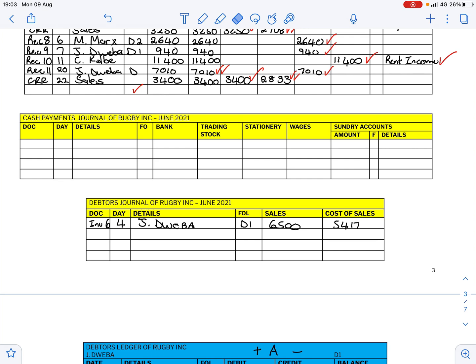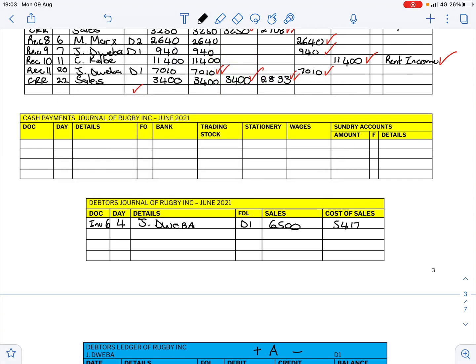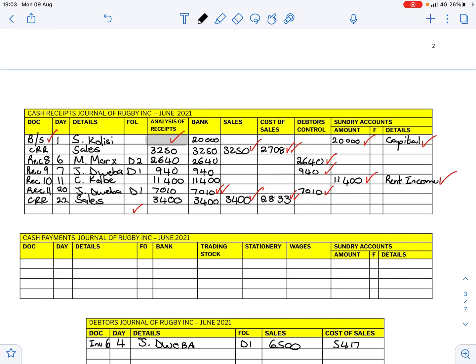Sorry, this is meant to be D1. We then have a total of 18 marks in the CRJ.